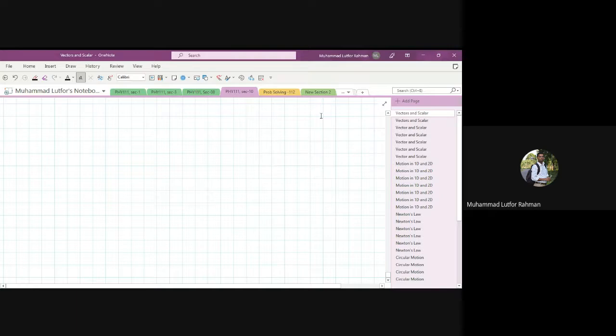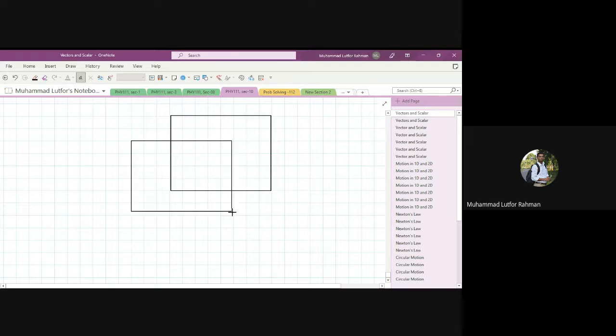All right, let's do a problem. Say I draw a cube over here. Although my drawing is not exact, try to think about it in that way.